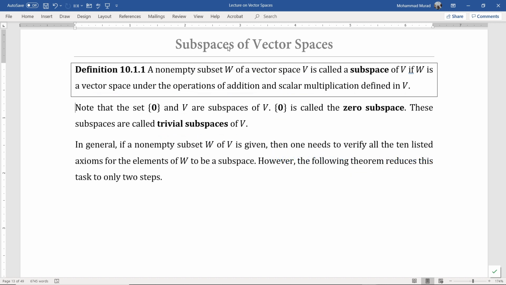In general, if a non-empty subset W of V is given, then we need to verify all the 10 listed axioms for the elements of W to be a subspace. However, the following theorem reduces this task to only 2 steps.